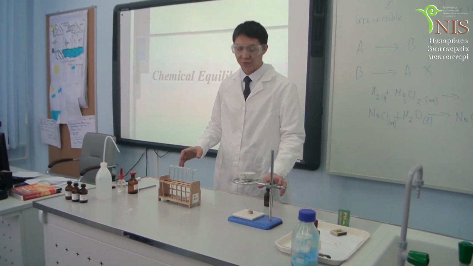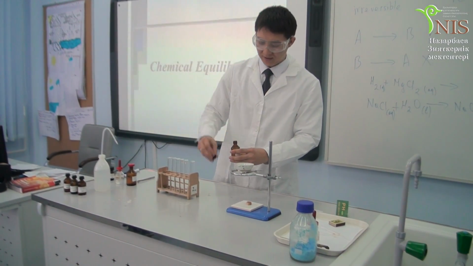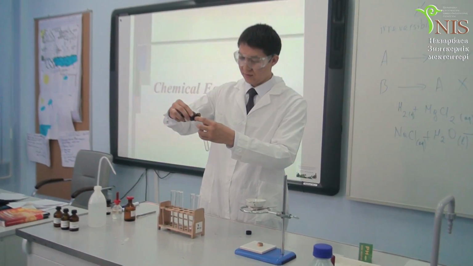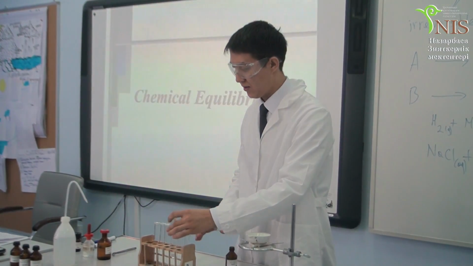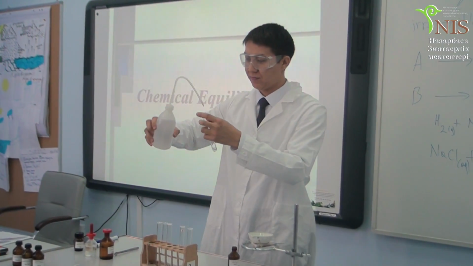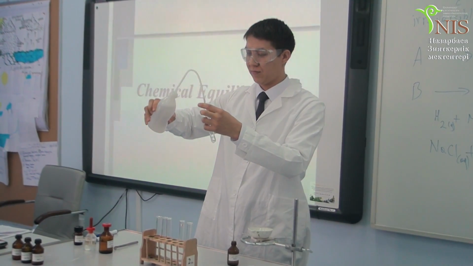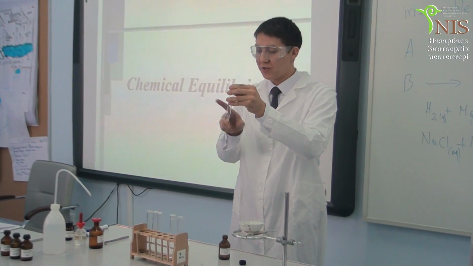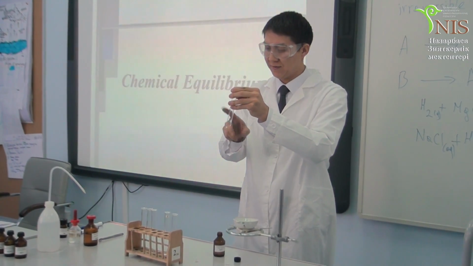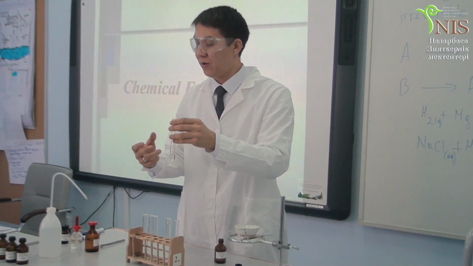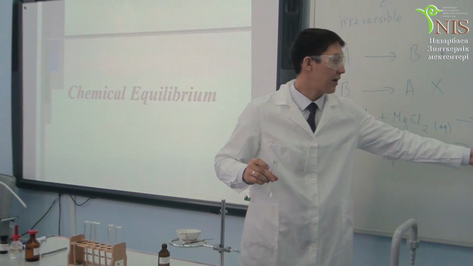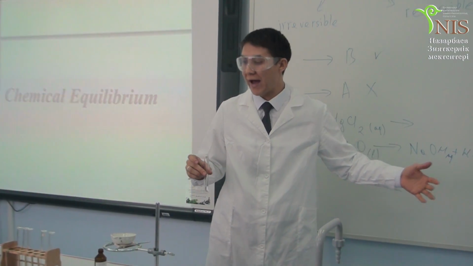Okay, let's do that reaction. Let me take some sodium chloride and add some water. Let me mix these two solutions and look if we get sodium hydroxide, the strong base, and hydrochloric acid, very strong acid.